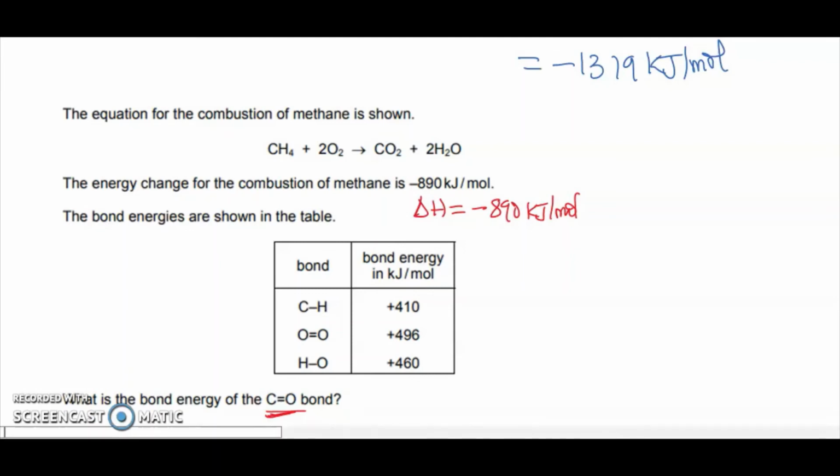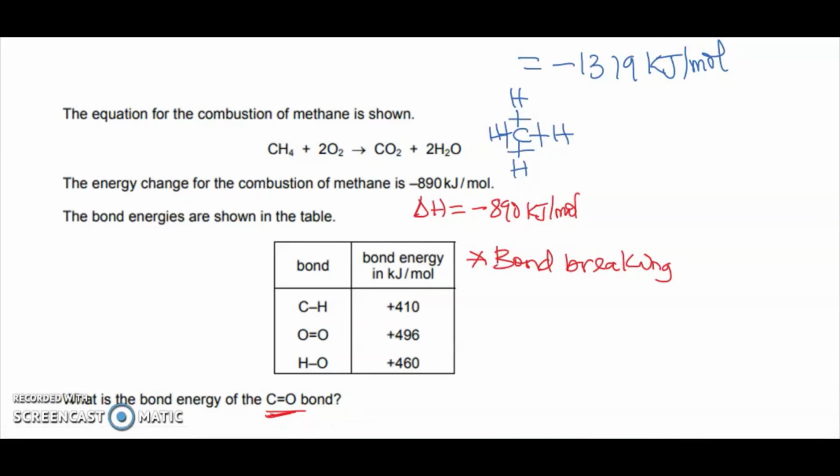So here we go. Let's begin with bond breaking. So bonds are broken in reactants. To make it easier, let me give you the spread out structure of methane. So this is methane, the CH4. So in one molecule of methane, we're breaking 1, 2, 3, 4.